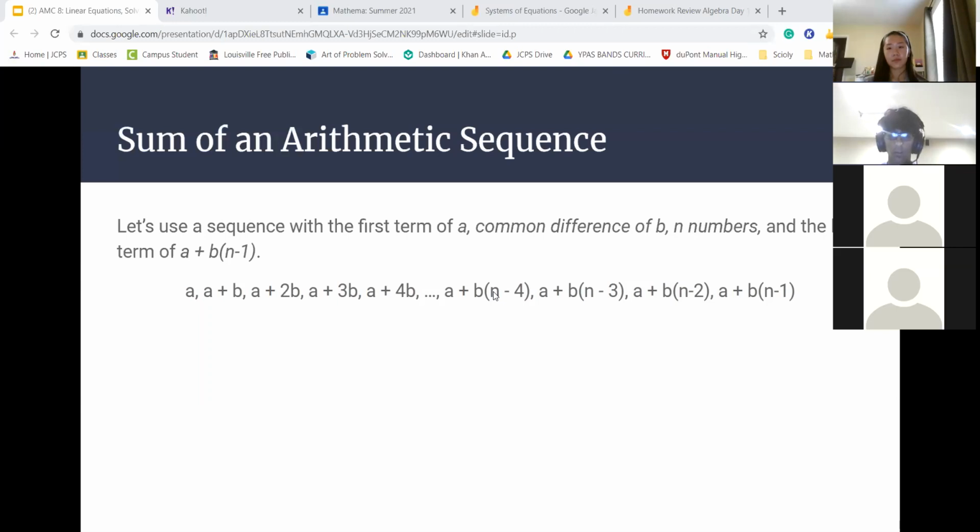It's going to have a set amount of numbers, and there are n numbers in this sequence. The last term is going to be A plus B times n minus 1. So we're going to try finding the sum of this arithmetic sequence. Does anyone have any ideas on how to do this?